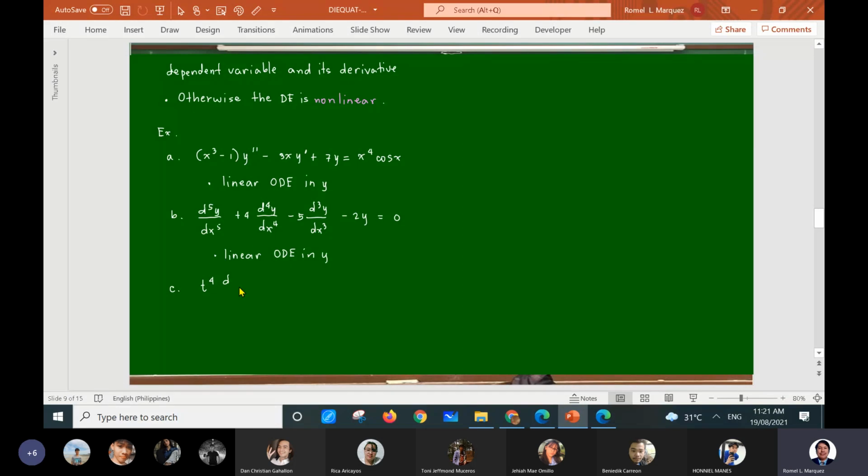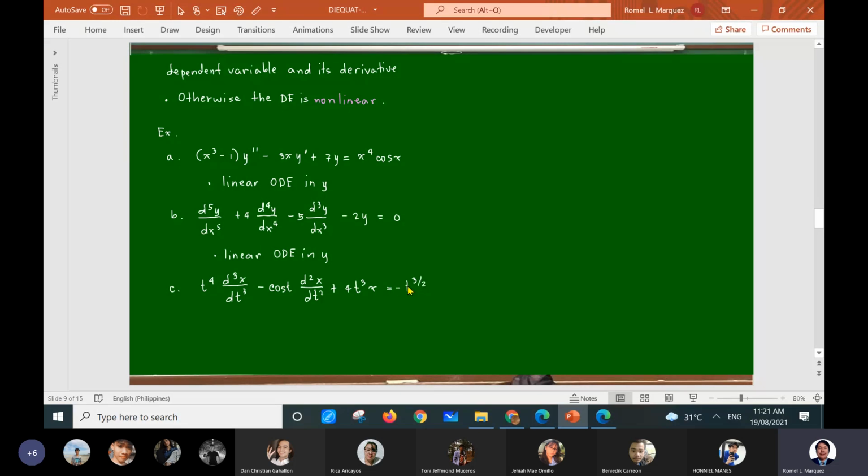t to the fourth, multiplied by the third derivative of x with respect to t, minus cosine t times the second derivative of x with respect to t, plus 4t cubed x is equal to negative t to the 3 halves.